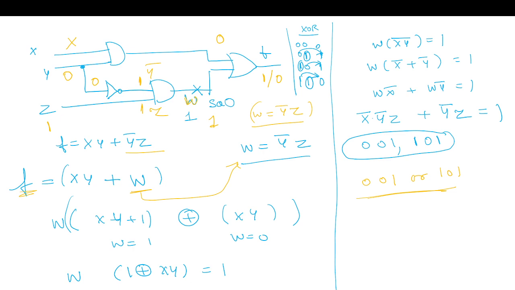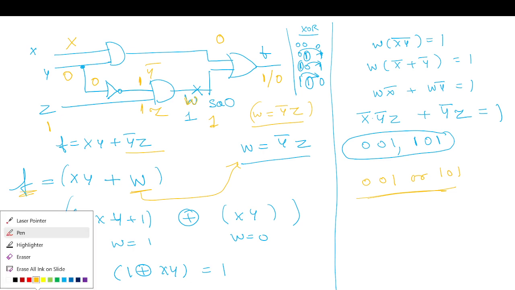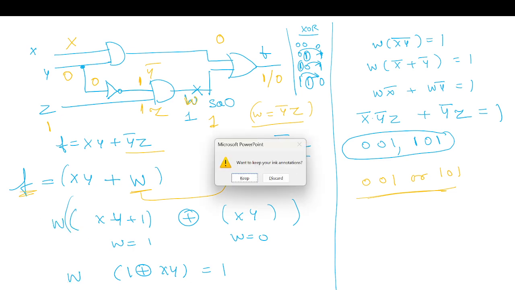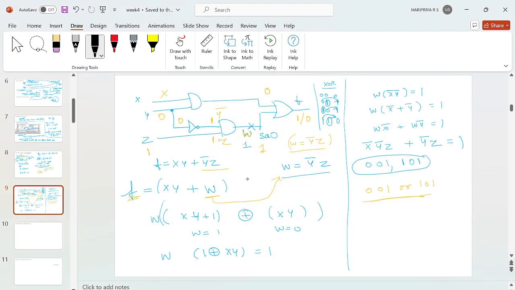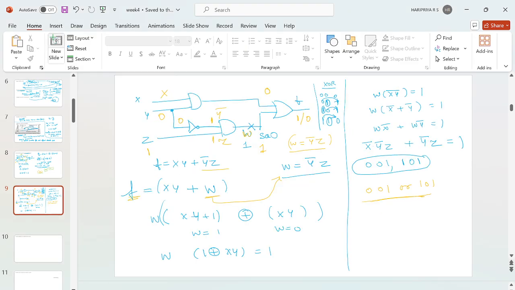So now we will go to the next question. Okay, before going to this one, we will solve one more Boolean difference based question. Just get one more new slide. So we will solve one more example.